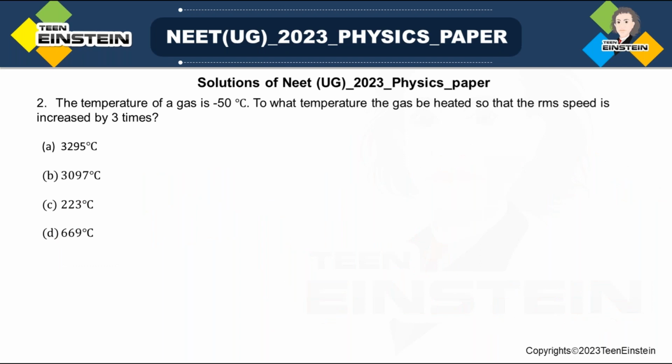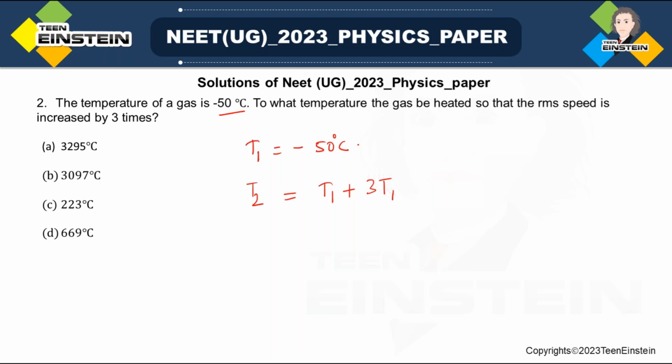Now go to the next question. This question is very interesting. The question says the temperature of a gas is T1, let us say minus 50 degrees centigrade. To what temperature must the gas be heated so that the RMS speed increases by 3 times? Increases by 3 times means the initial value plus 3 times the initial value.